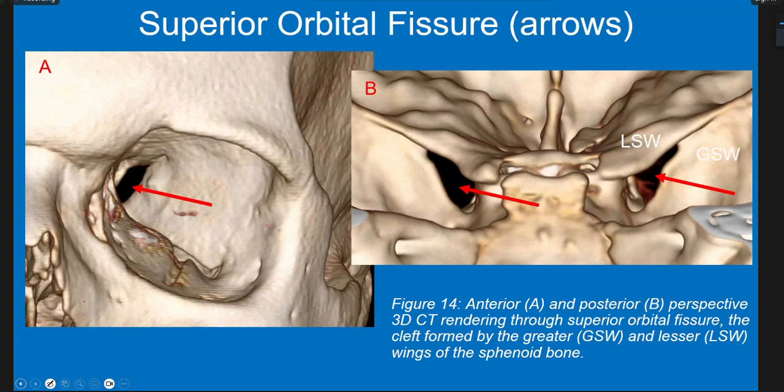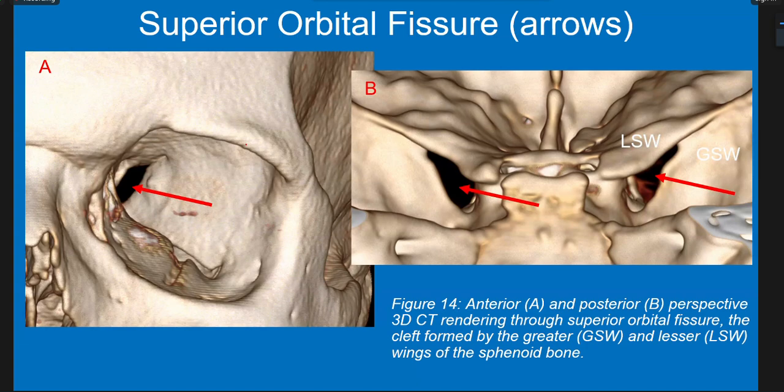So this is from the frontal perspective. You see here the superior orbital fissure. And this is the piece of bone that separates the optic canal, which is situated somewhere there. And this is the optic strut that separates the optic canal from the superior orbital fissure.